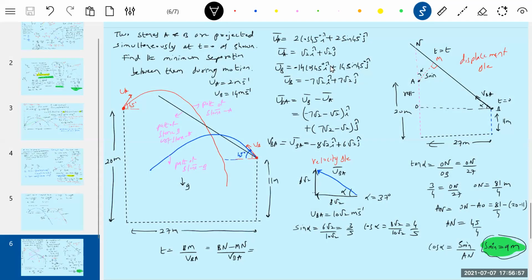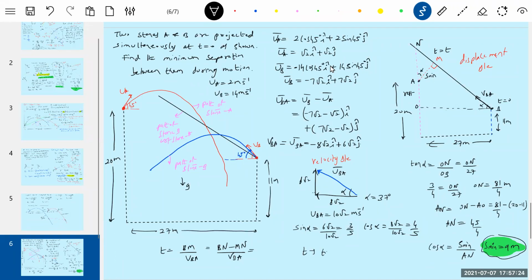If you can understand, these are very easy problems. So put maximum effort to understand things. Anybody, can you give me the value of time? What is T?